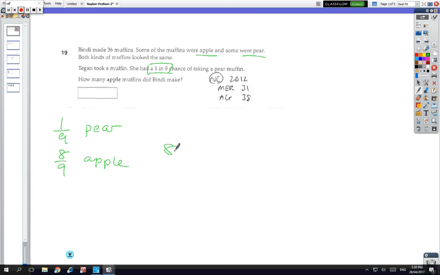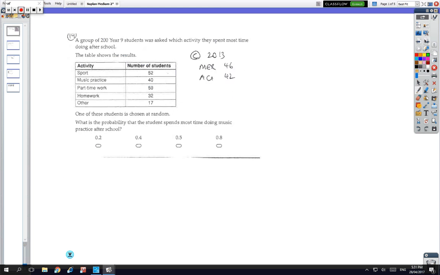And so 8/9 times 36, because they made 36 muffins. It's non-calculator, so 9 into 36 goes 4. So she made 32. One thing that people probably got wrong is they did the calculation for a pear, not an apple. Okay, let's move along.